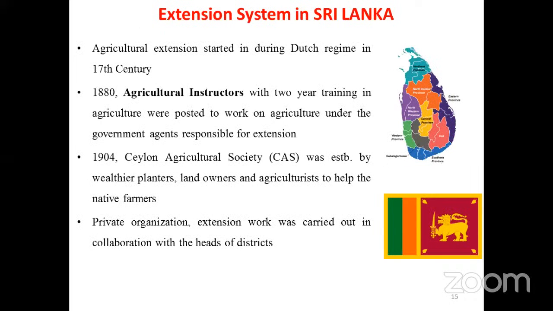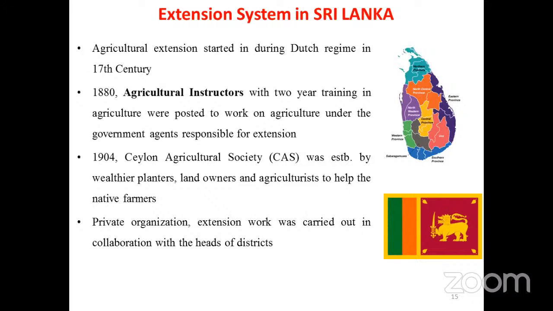Again, moving on to Sri Lanka, this is an island nation. So definitely coastal agriculture and these things are more important. Fishery is more important to them. If you look at the history, in Sri Lanka, extension effort started with the Dutch regime in the 17th century.